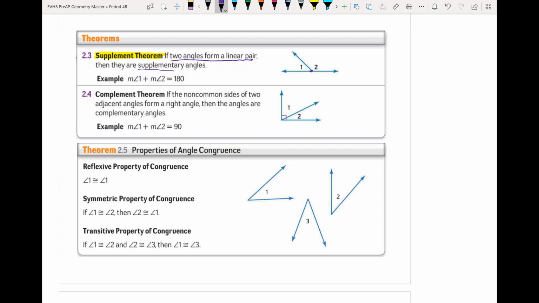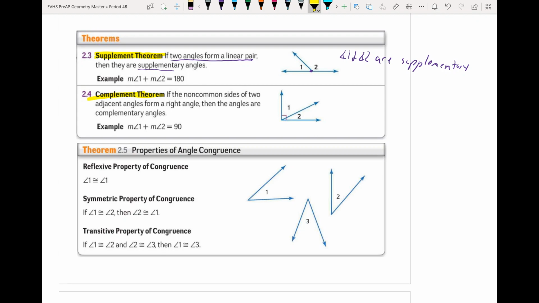I could also write it as angle 1 and angle 2 are supplementary.